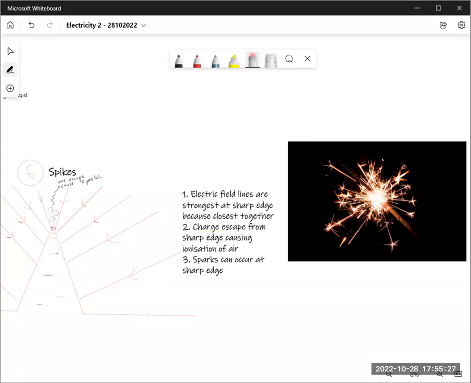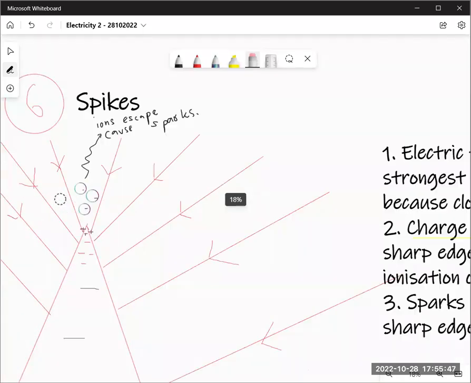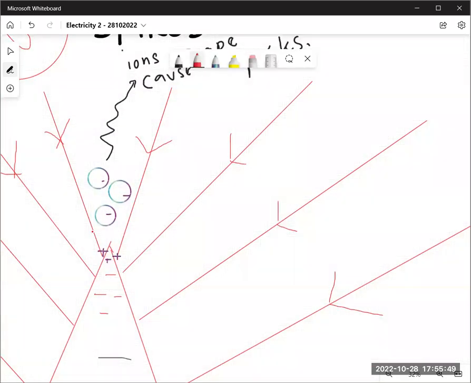Any questions, Diana? Does the spark occur because of the ionization of air? Exactly, yes. That was the question. See, you guys have similar questions. So what happens here is that because of this strong electric field, the field lines become even stronger as you get closer.